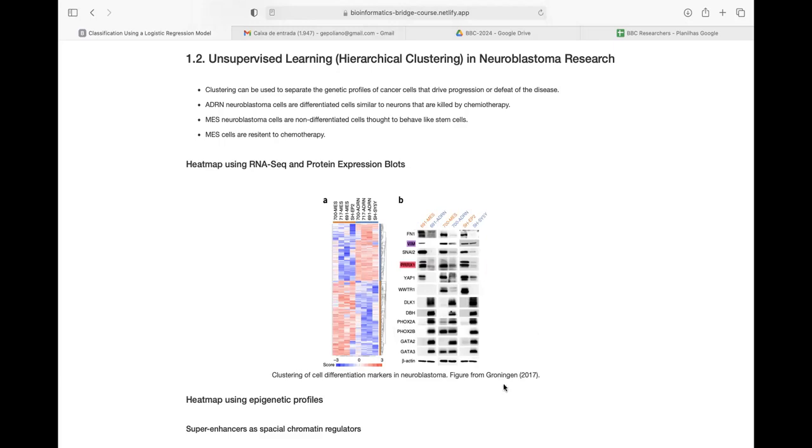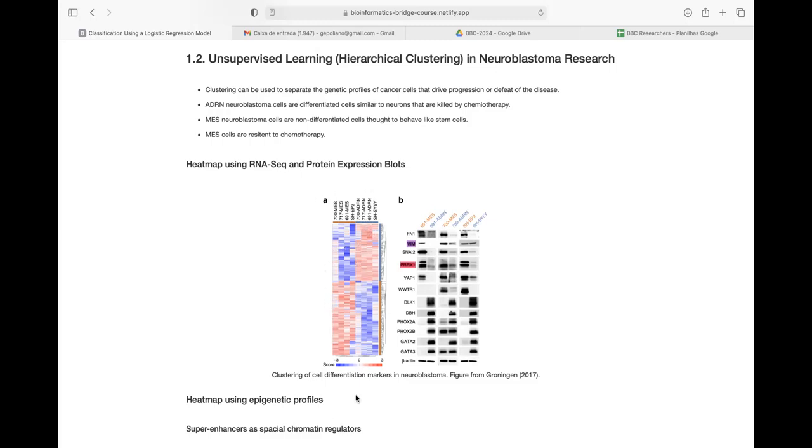Okay, so this was for the proteins, and this technique is much older than the next generation sequencing technique. This next one is based on next generation sequencing, and what we see here as well is that there is a very characteristic separation of each line.